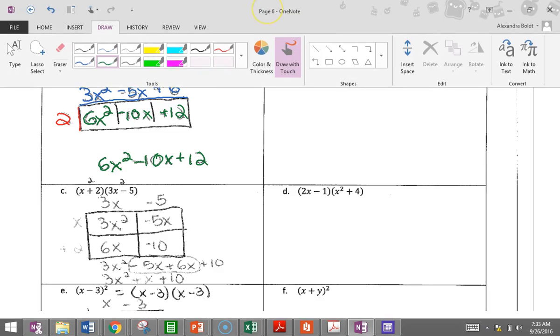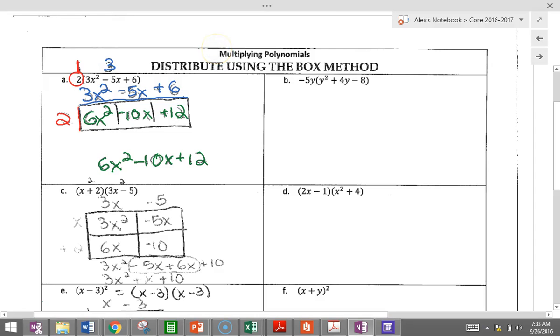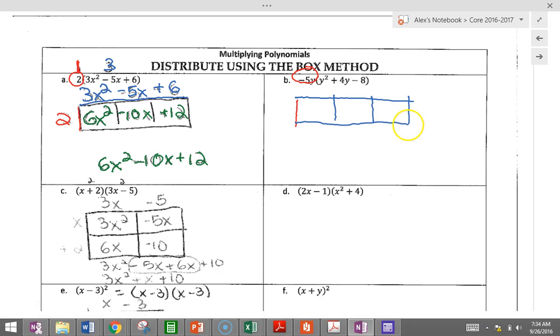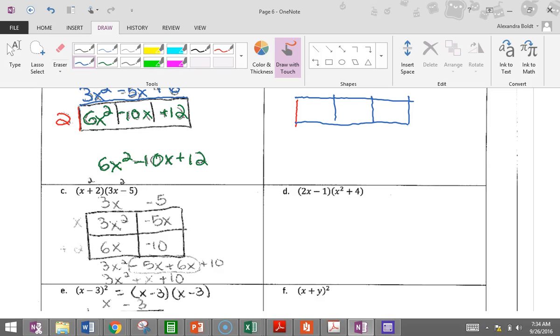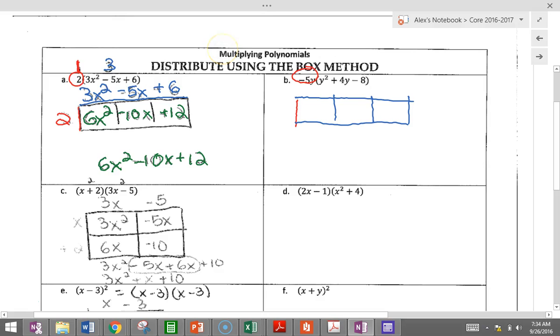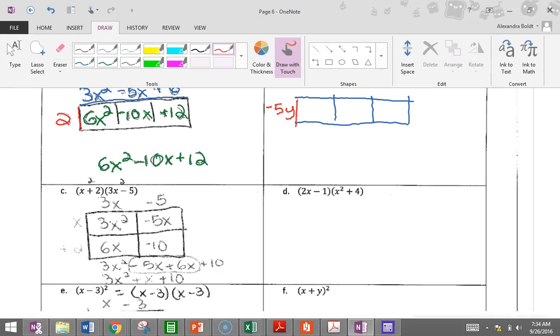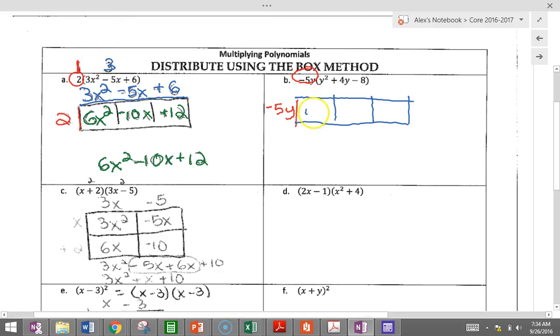Let's look at B. Same type of thing. I have one term here, so 1 box tall. 3 terms here, so 3 boxes long. So I have negative 5y, and then I have y squared.